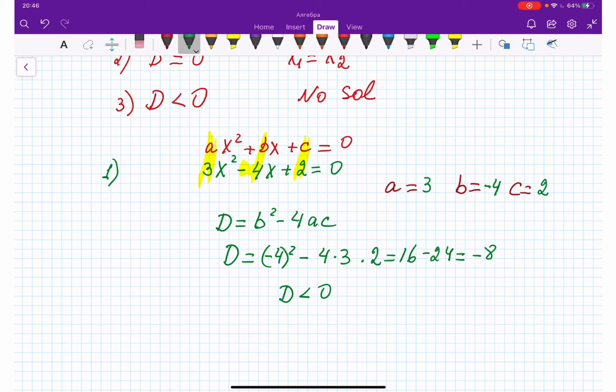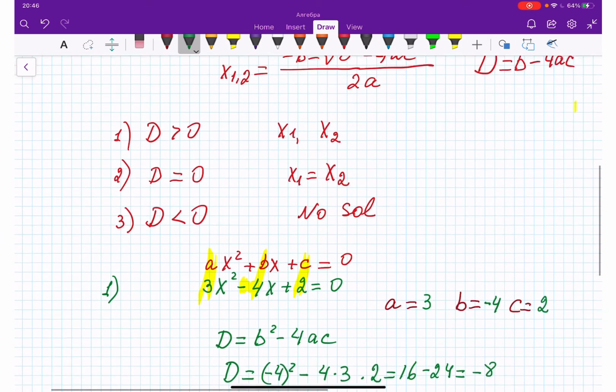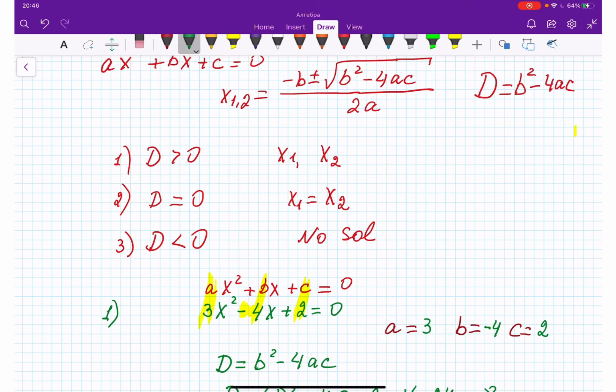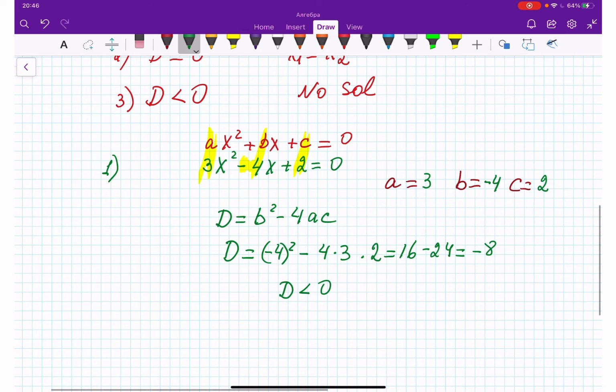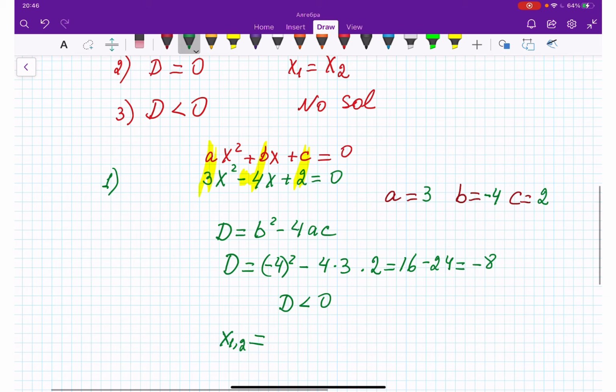If I plug into the formula for the solution, x1,2 is equal to negative b, which is going to be positive 4, plus or minus the square root of negative 8. Let me write it as D, because we mark it as D, the discriminant, over 2a, 2 times 3.